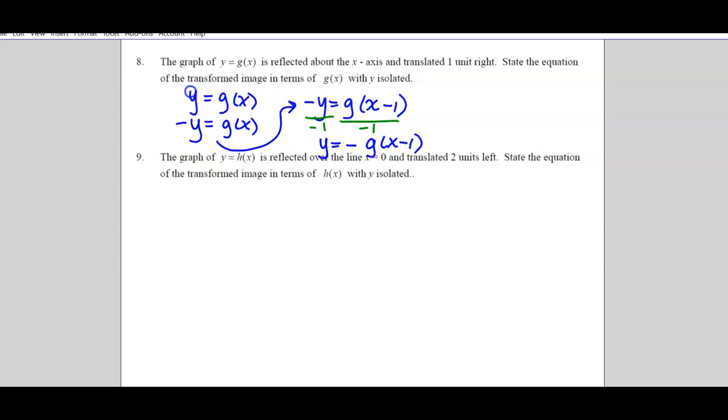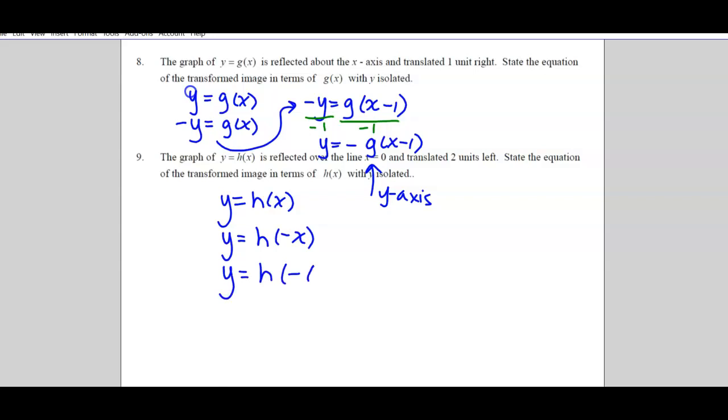Okay. Question 9, graph of y equals h of x is reflected over the line x equals 0, translated 2 units left. State the equation again, so this is called h of x. Reflected over the line x equals 0 is the y-axis. Okay, so now we're changing the sign of x and translated 2 units left.